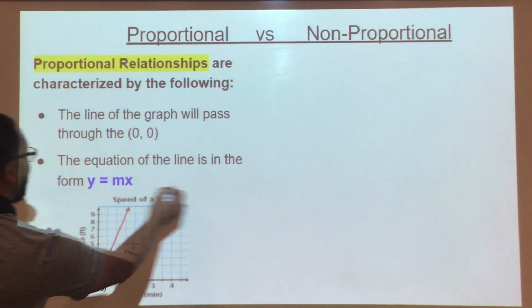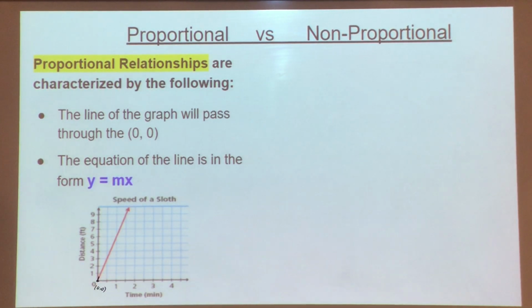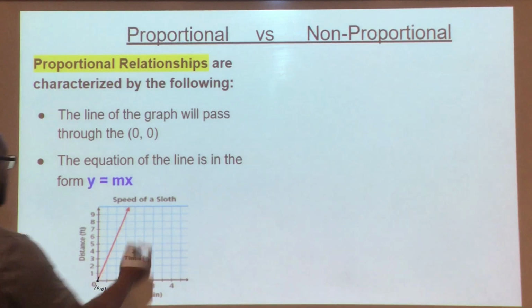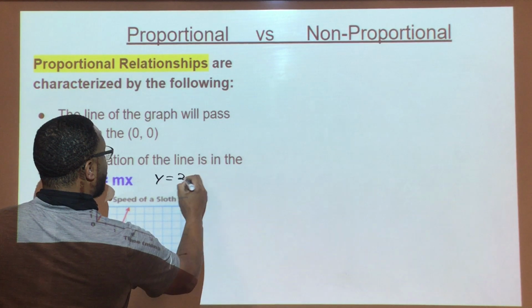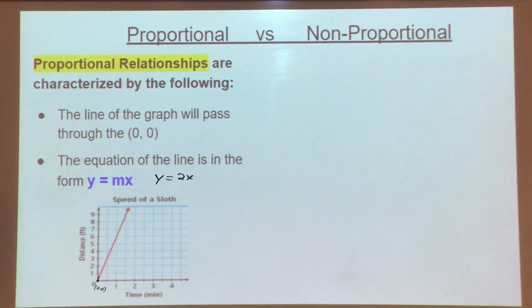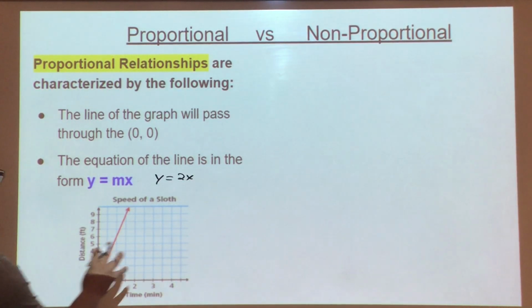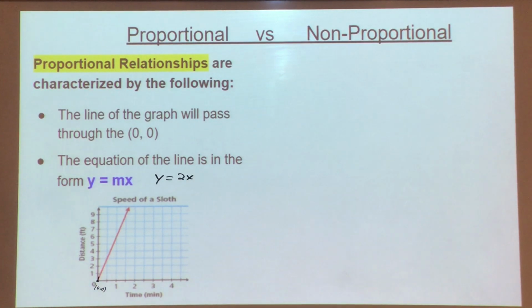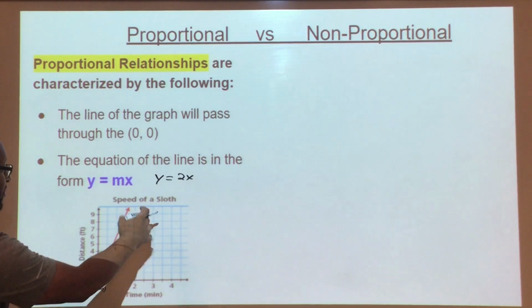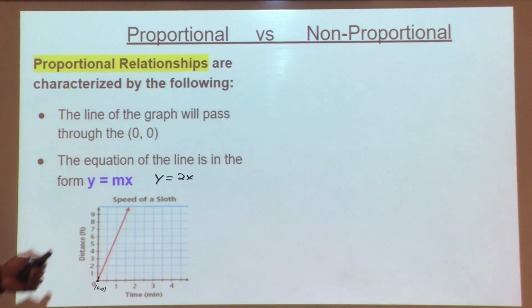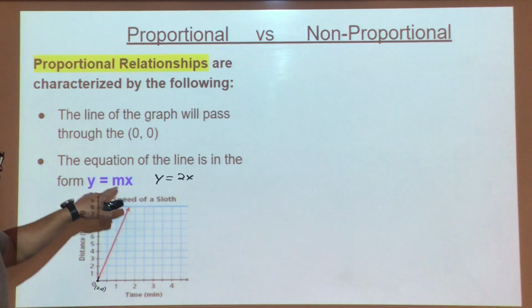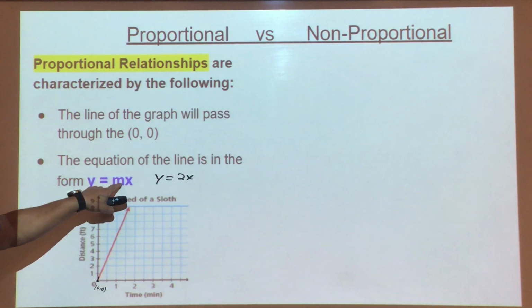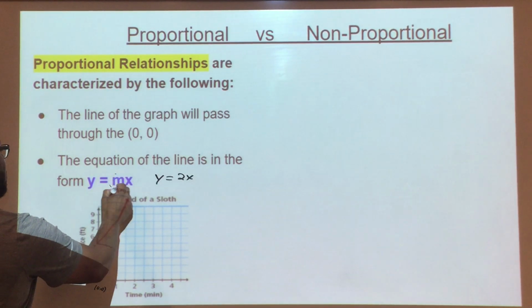Now, I talked about here where your equation is in the form y = mx. Well, just to make up one, that would be like y = 2x. That would be the equation that matches this graph, and it's not really the one that matches. I just made that up on the spot, but it would look like this. It would be in the form y = mx, where your job is to figure out what m is.